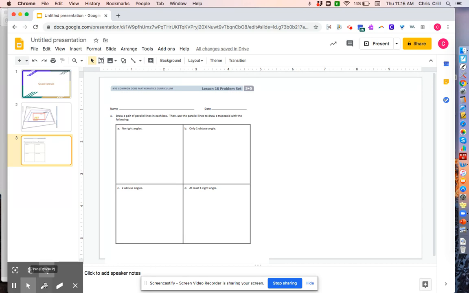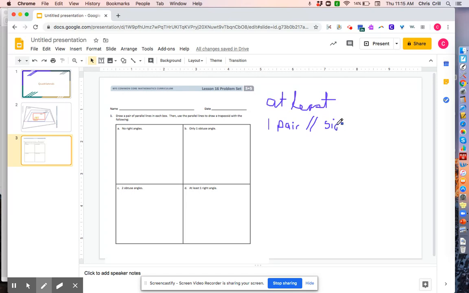And it's important for us to remember that a trapezoid is a shape that has at least one pair of parallel sides.